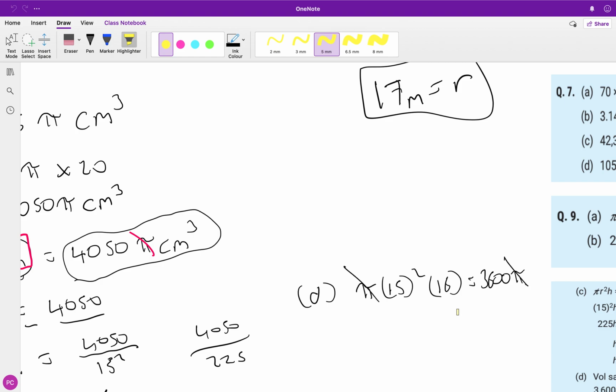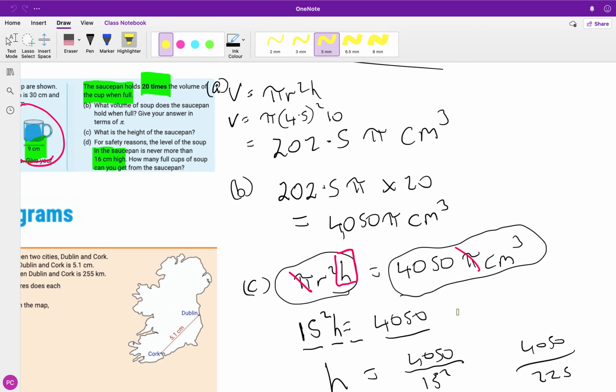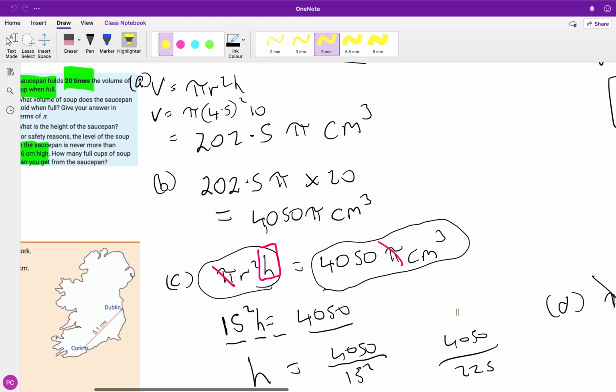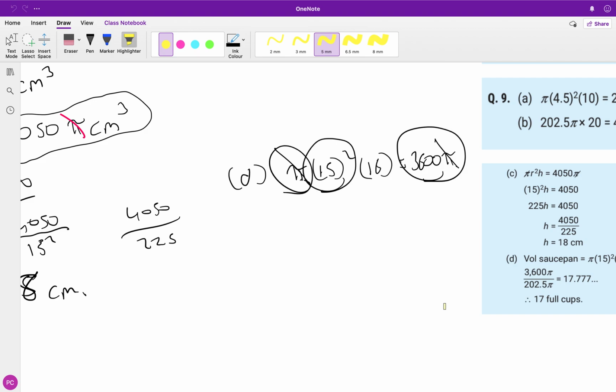And when you work that out, we're still looking for, what did the question ask us to look for again? How many full cups of soup do you get from the saucepan, right? So the volume is pi r squared h.